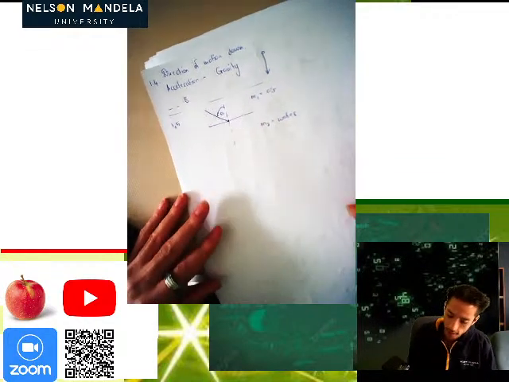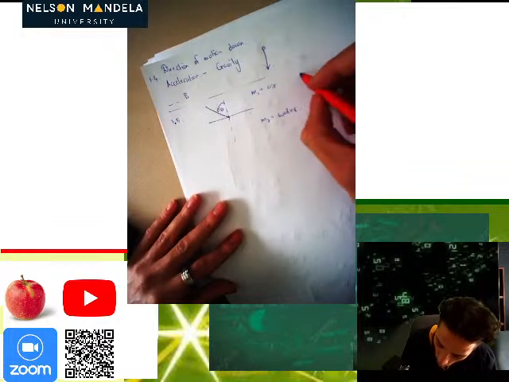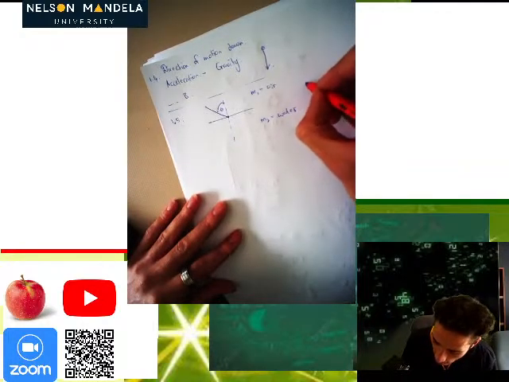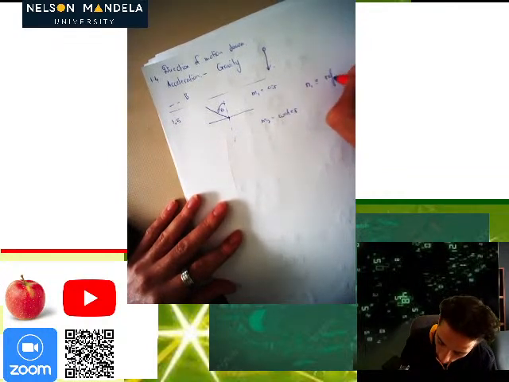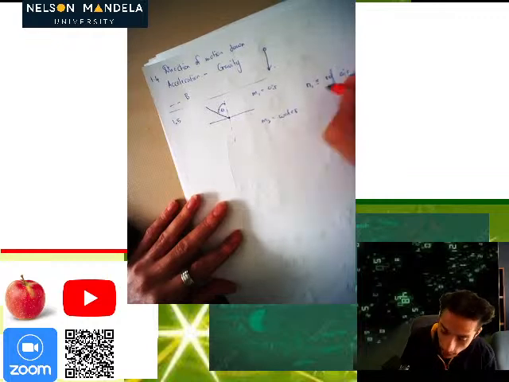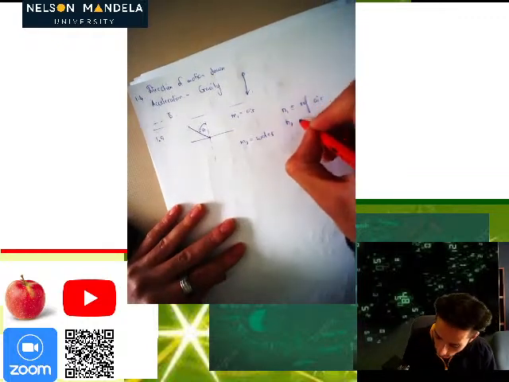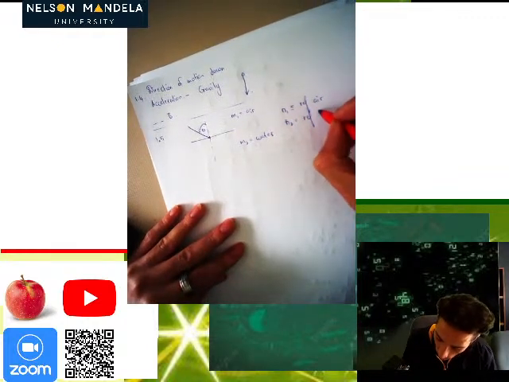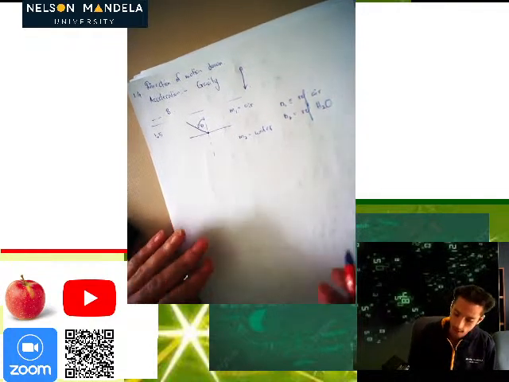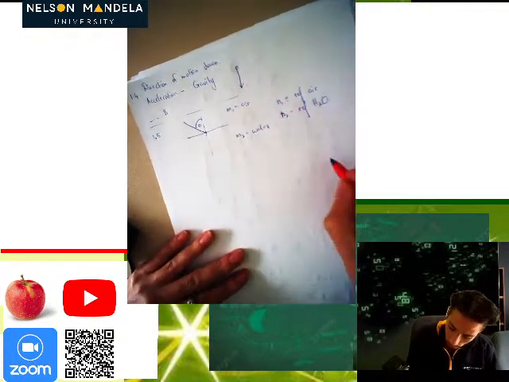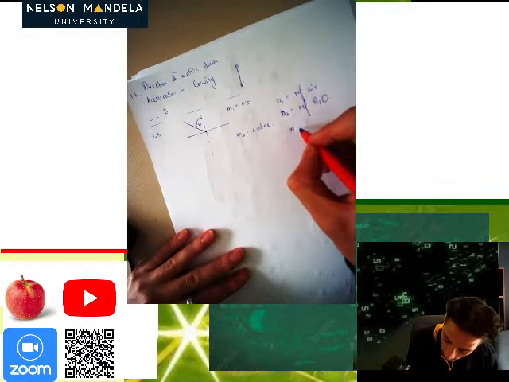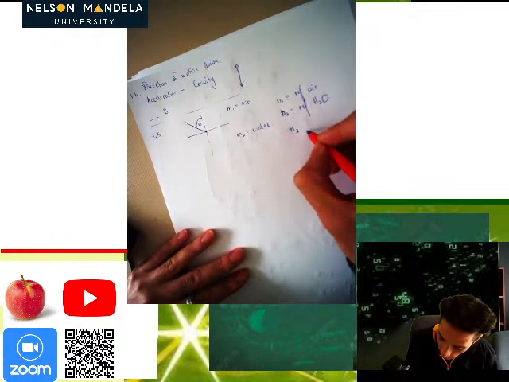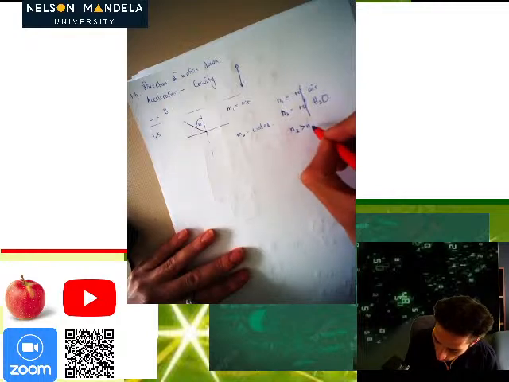If we call the refractive index of air N1 and the refractive index of water N2, then the refractive index of water is greater than that of air.